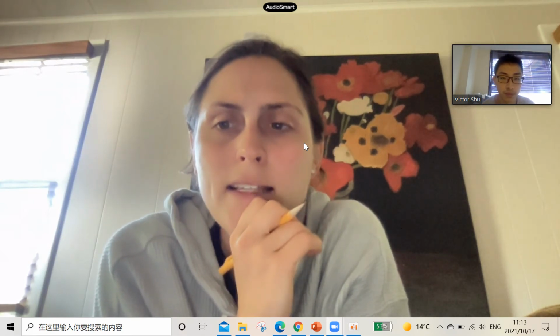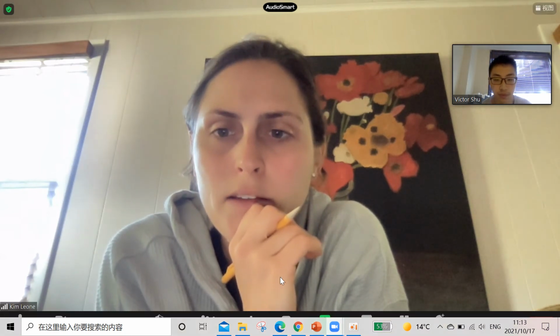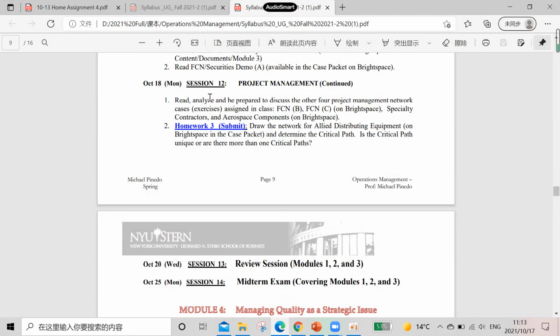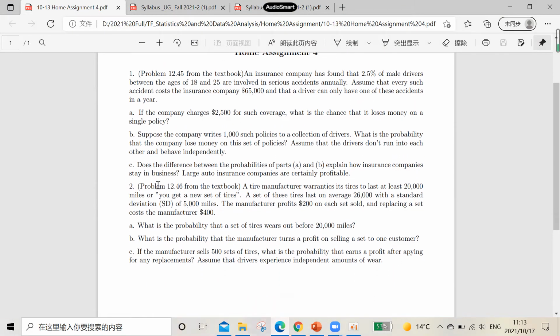Oh, they have to last at least 20,000 miles. I got it. A set of tires. So it's asking that they last above 20,000 miles, which is just the answer from before. But it says what is the probability of turning a profit. So it's a complement. So like 89%, 88.5%.